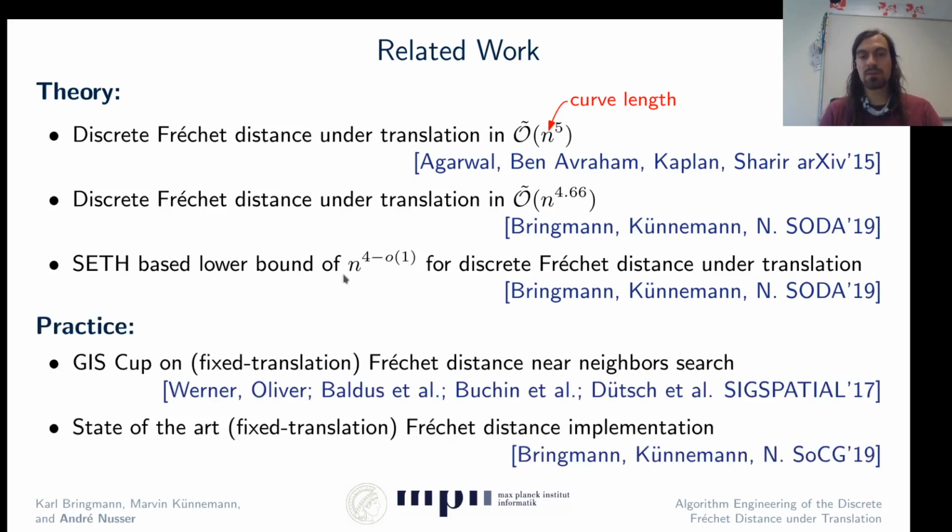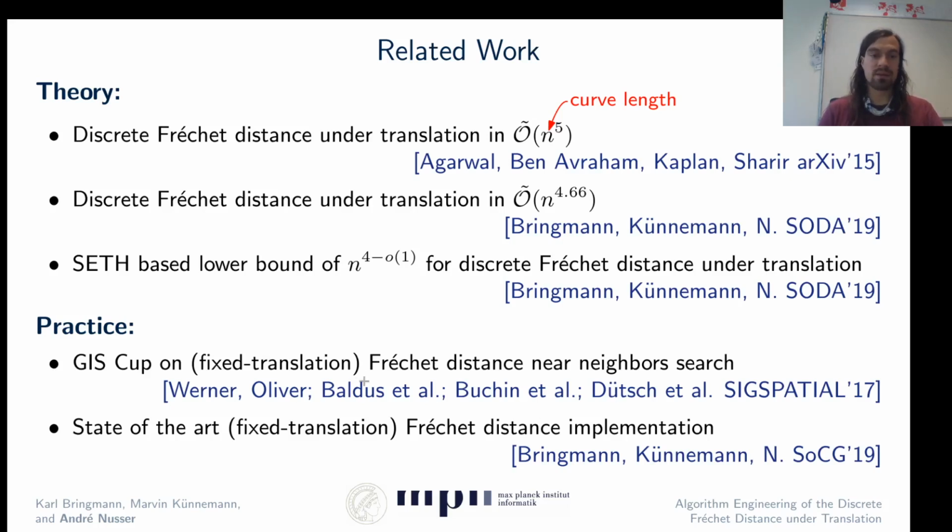We want something better, but let's first review how practice actually looks for the fixed translation Fréchet distance, because for the Fréchet distance under translation, there was, to our knowledge, no practical work. So in the GIS Cup, it was about computing the Fréchet distance as fast as possible, or finding near neighbors, and those were the organizers, and those were the 3 winning submissions.